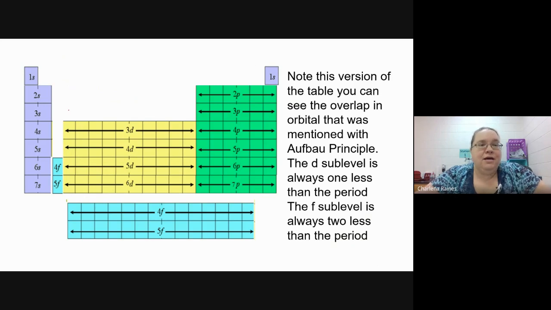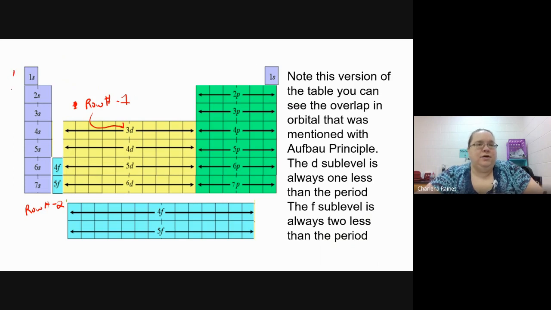Your D block, the energy level, so my number for my D block is always 1 less than the period. So I would take my row number minus 1, and that gets me the energy level for my D block. Same thing for my F block. My row or my period number, except for this time, we subtract 2 because they're doubly as special.